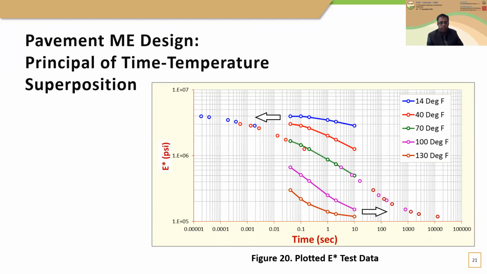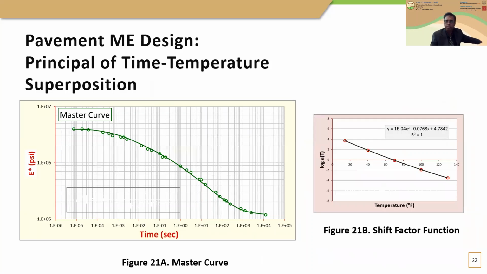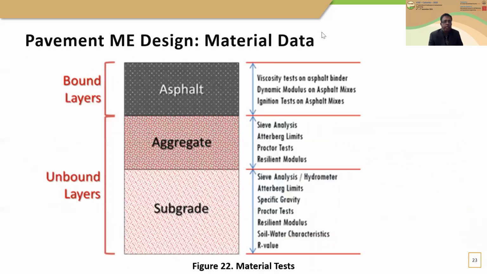Shift function is required to shift the values back to the original position. Figures 21A and 21B show master curve and shift factor function respectively. Properties of unbound layers are also entered into the program. Figure 22 shows the tests.